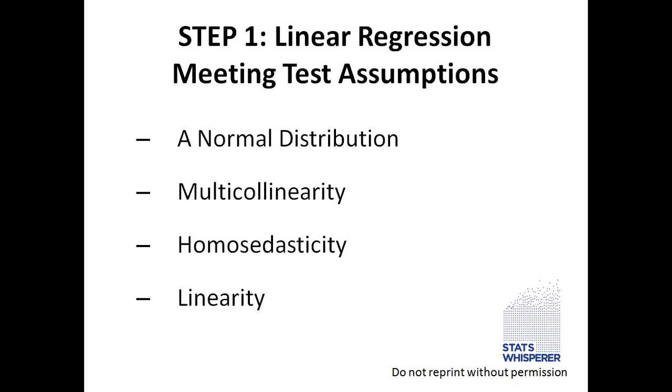And I'll reiterate this later, but if you read a research article or a research report, any sort of research, and they use linear regression, they should always report that these test assumptions were checked for and met. Even if it's just a sentence, it could say, we examined normal distributions, multicollinearity, homoscedasticity, and linearity, and we found that the test assumptions were met.